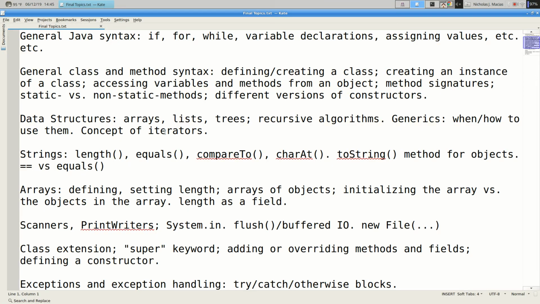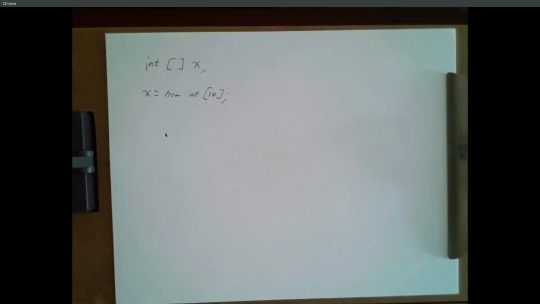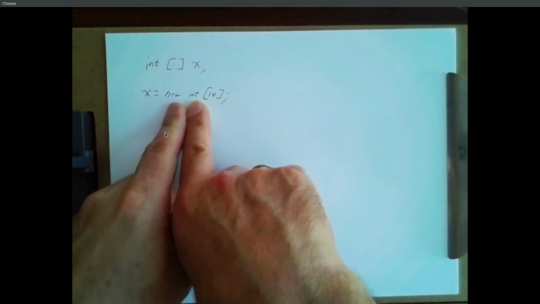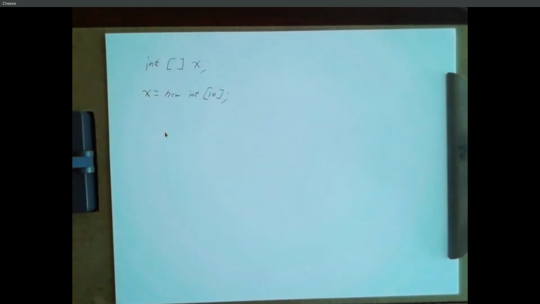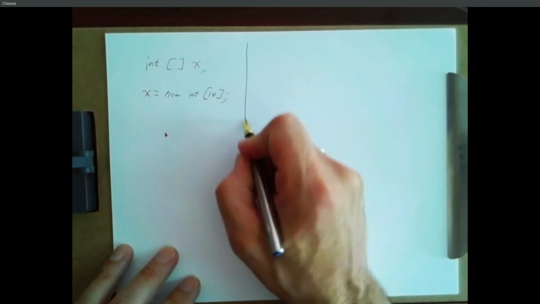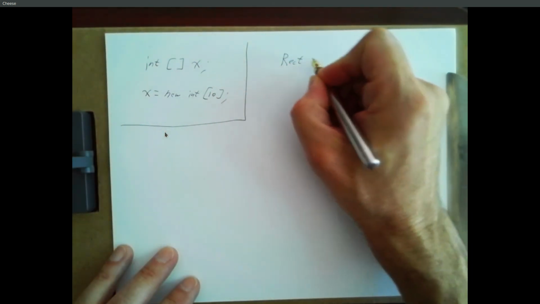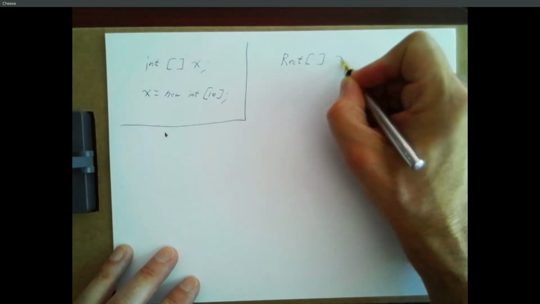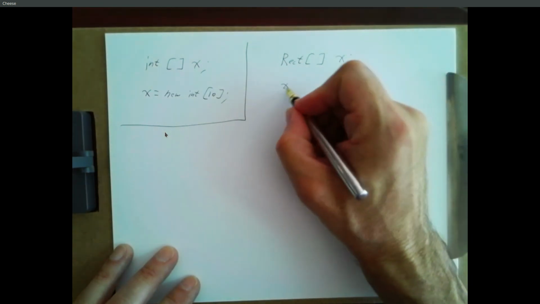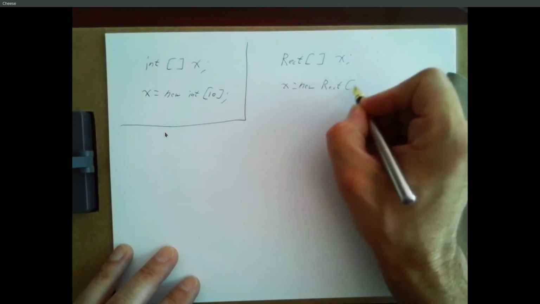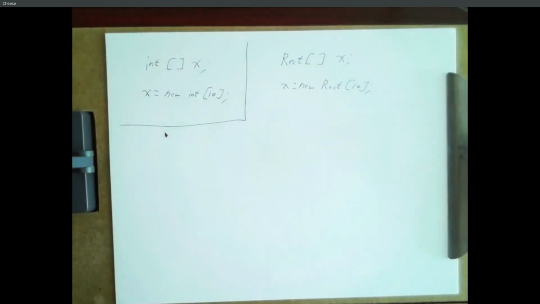All right, so primitives, right? Integers, doubles, floats, booleans, these lowercase things, this works fine. For objects, this doesn't actually work. So if we say Rectangle, assuming Rectangle is a class, Rectangle[] x equals new Rectangle[10].